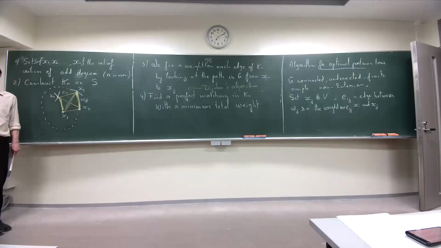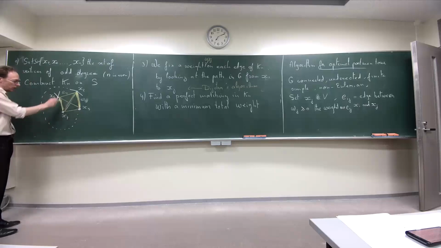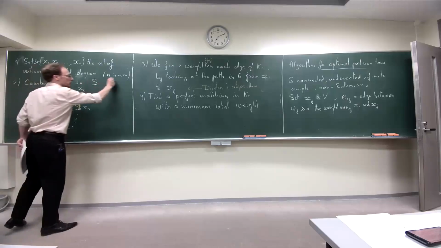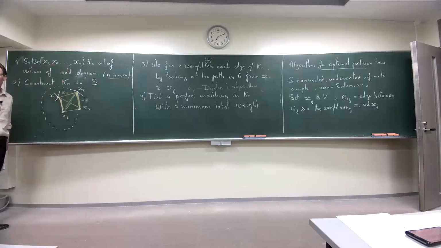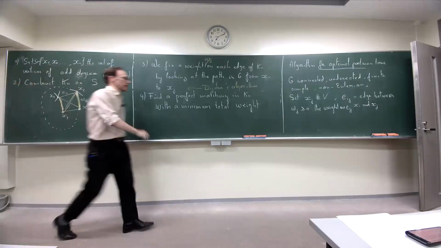It's maybe not unique, but the minimal number is unique. So we have weights everywhere. I want to find a perfect matching. It's possible because n is even, and I just look for the solution with a minimal total weight. Okay. So far, we can understand.